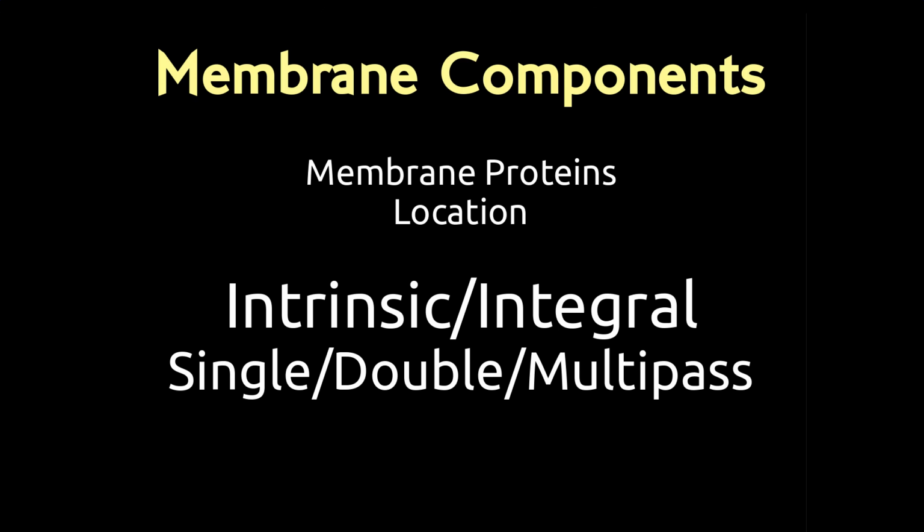Alternatively, you could have one that comes through, turns around, and comes through again, which would be double pass. Or one that comes through many more times, which would be multi-pass. Which every time I say that, it reminds me of The Sixth Sense.